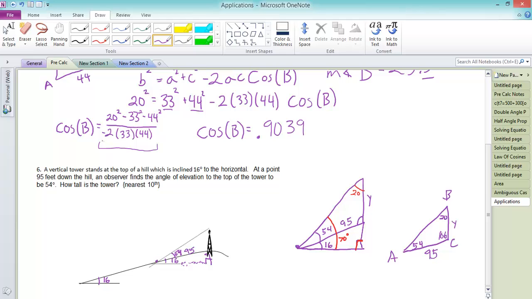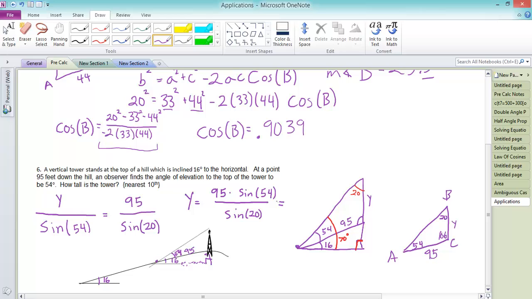So we remember the law of sines is going to be the side C, or y, over the sine of 54, is equal to 95, which is little b, over the sine of big B, which was 20. Now, I want you guys to go ahead and solve for y, and I'll be right back.